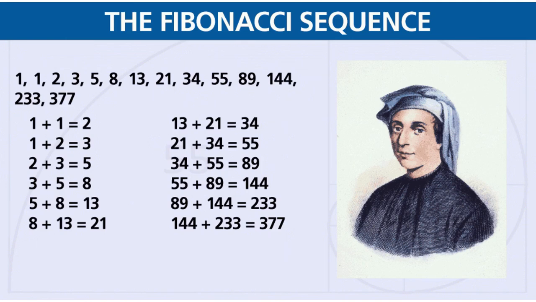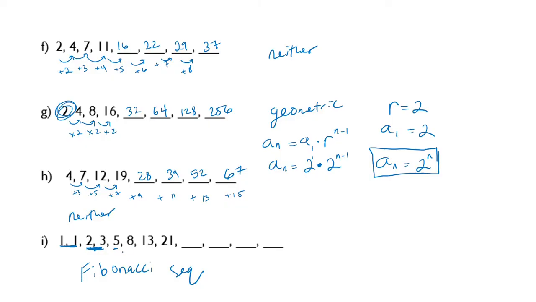We add 3 plus 5 to get the 8. Then 5 plus 8 to get the 13. 8 plus 13 to get the 21. So we're adding the two previous numbers to get the next number.